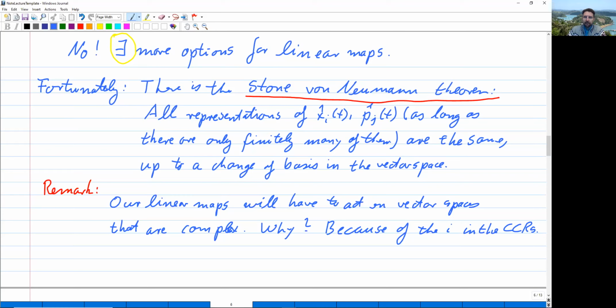And this statement is, of course, true whatever type of linear maps we choose. Matrices, maps composed out of the D's and the M's, doesn't matter. There's going to be an i somewhere. There's going to be complex numbers involved. The vector space that we work with will have to be a complex vector space.